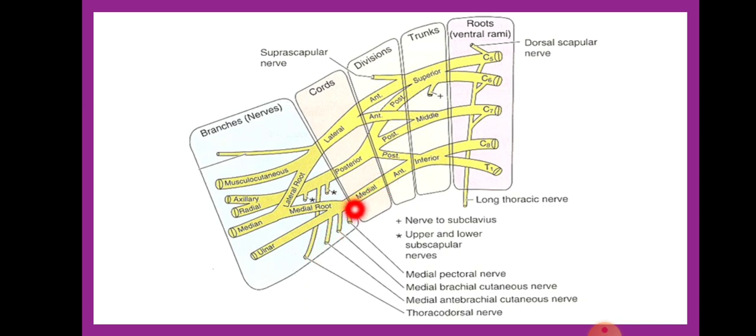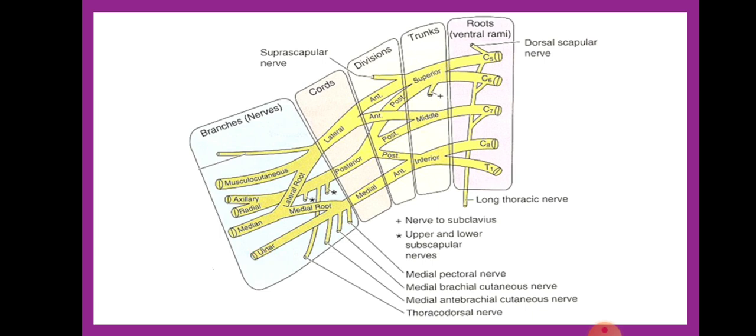The medial cord gives the medial pectoral nerve, medial cutaneous nerve of the arm, medial cutaneous nerve of the forearm, and the medial root of the median nerve that joins the lateral root to form the median nerve and continues as the ulnar nerve.